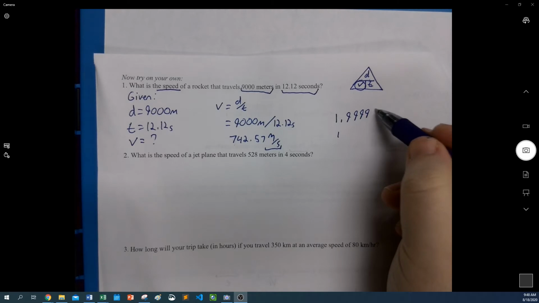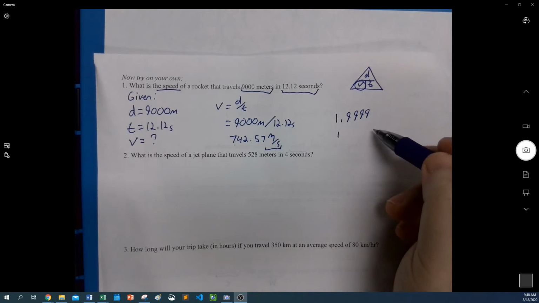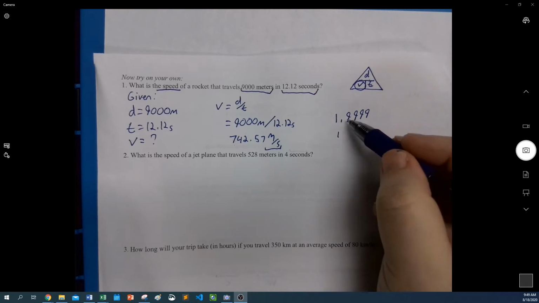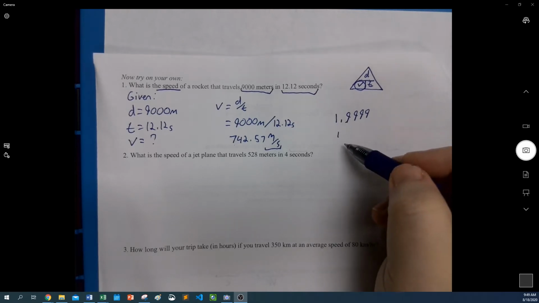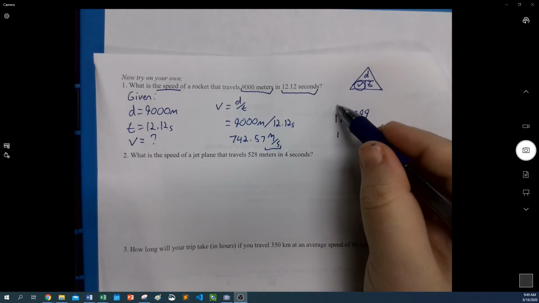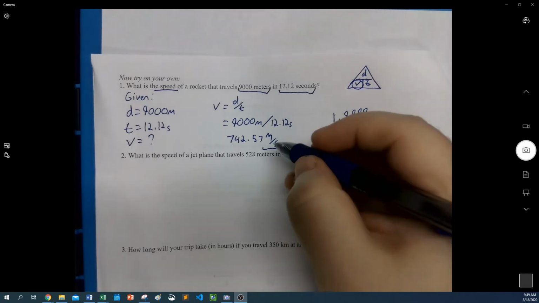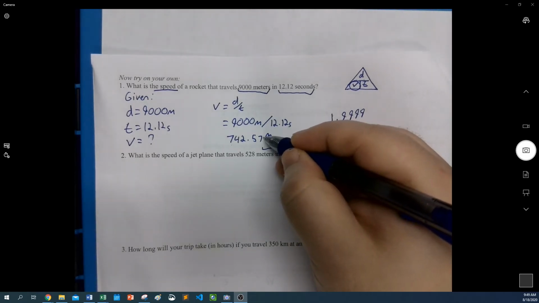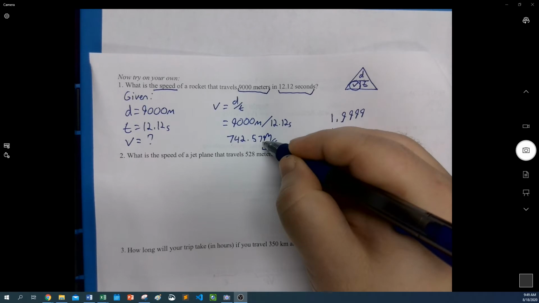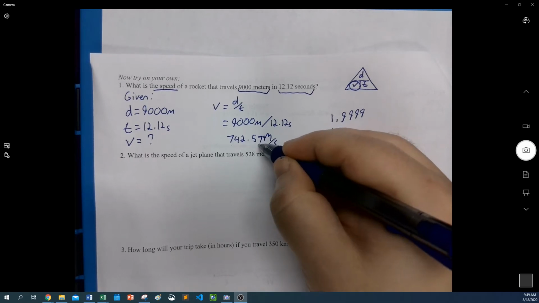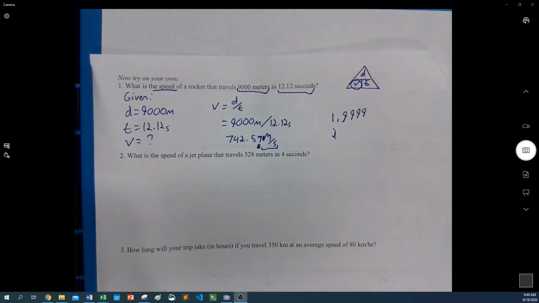Isn't this really close to 2? My problem is most students do not know how to round. If this digit is 5 or greater, this one goes up to 2. My solution to this is make you keep lots of digits. Because if this number had a 9 after it, this 7 should turn into an 8. But it didn't, it had a 4.